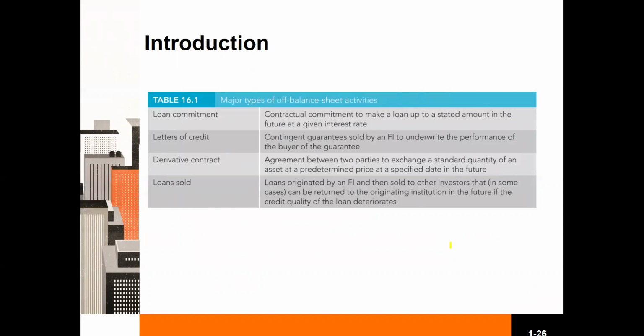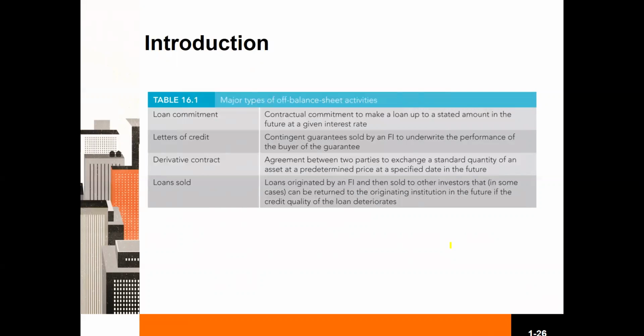When the bank makes a commitment, it's not immediately an asset for the bank because the lending has not been made. However, once the borrower borrows, it becomes an asset for the bank. Letter of credit, as I just indicated, means the bank guarantees that in the event a customer defaults, the bank will make the payment. So it's not a liability when the bank makes a commitment, but it becomes a liability when a customer actually defaults.